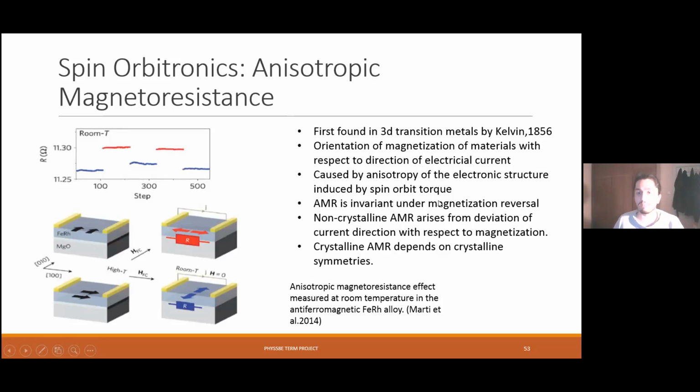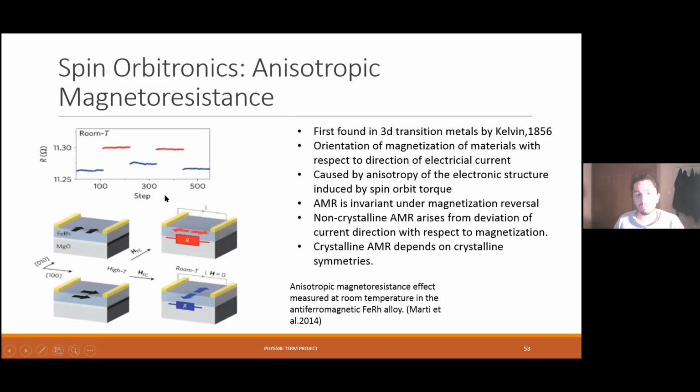AMR is invariant under magnetization reversal. Non-crystalline AMR arises from the deviation of current direction with respect to magnetization, and crystalline AMR depends on crystalline symmetries. As we can see, there are two distinct parts of AMR: one depending on the crystal structure, and the other not depending on the crystal structure.